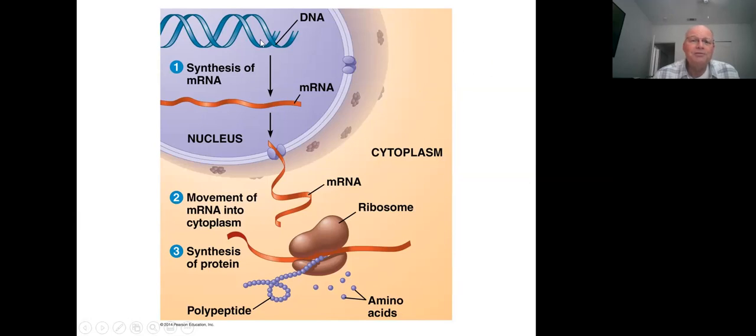So the information is stored in the sequence of nucleotides in the DNA. That is copied as an mRNA molecule, a messenger RNA molecule, and it's only part of the DNA, the functioning part of the DNA that is copied. That then passes out to the cytoplasm, where it is read by the ribosomes, and they use the information in the messenger RNA to assemble polypeptides. And so there are small RNAs involved in processing the RNA that's copied from the DNA to form the messenger RNA.